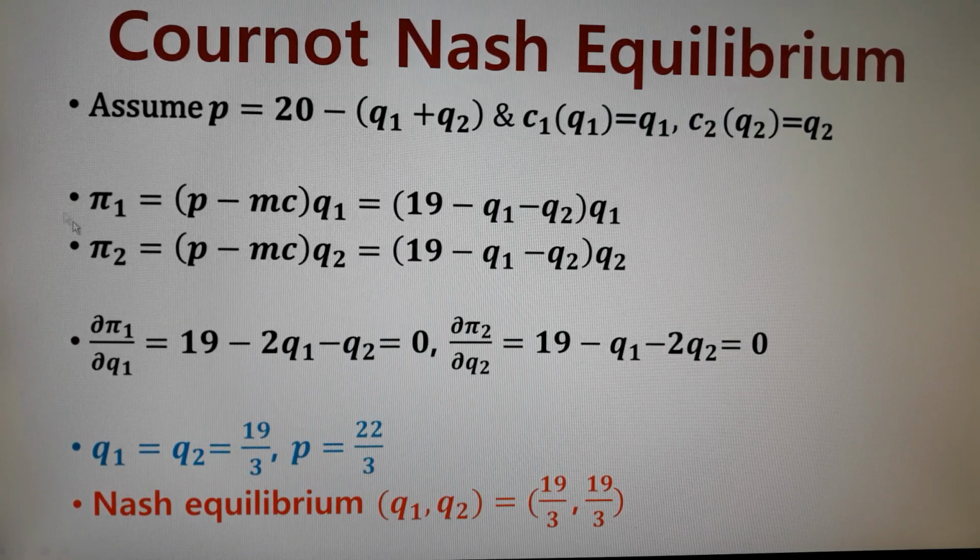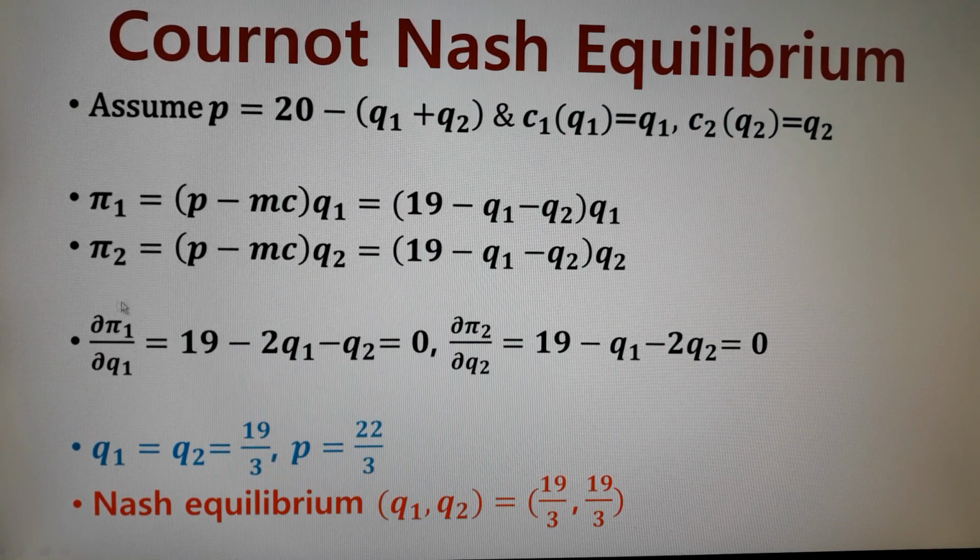If you are the first company, can you control Q2? No. The only thing you can control is Q1. Q2 is the other company's business, so you cannot touch Q2. You are changing Q1 to maximize this profit, and when it's maximized, the slope of the pi curve would be 0.